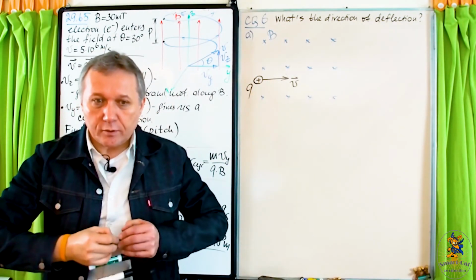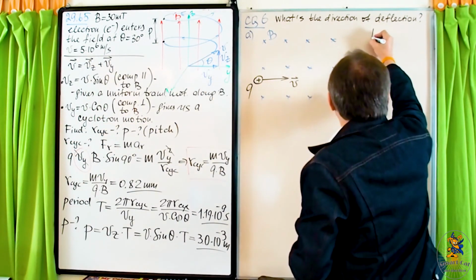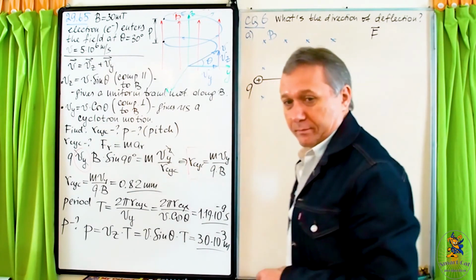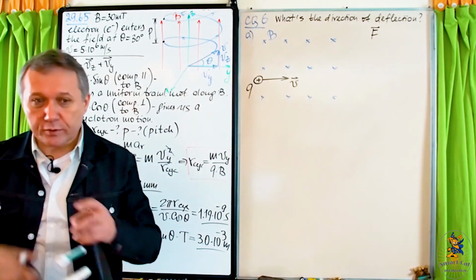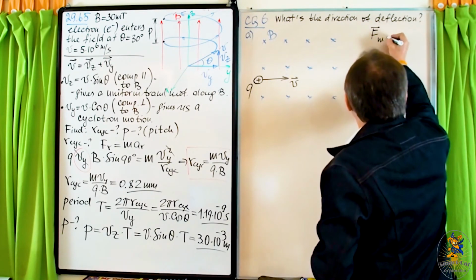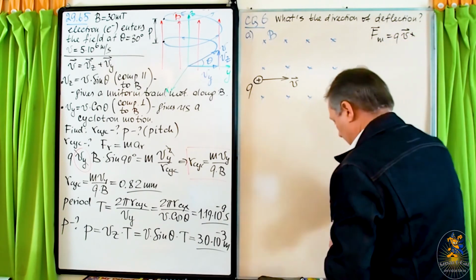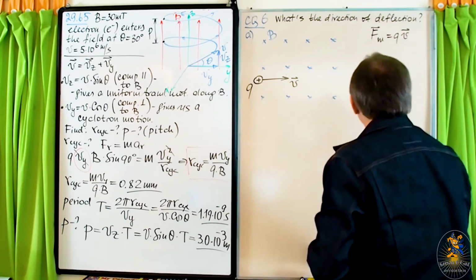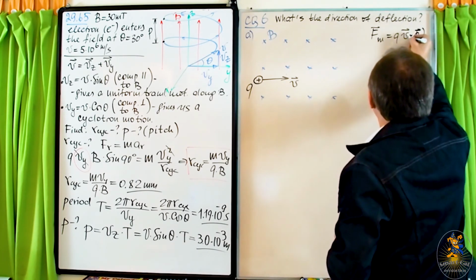In order to answer this question, we just need to realize that we have a charge which moves in the magnetic field. Of course, there must be a magnetic force. We know the expression for the magnetic force: Q, V cross B, right?